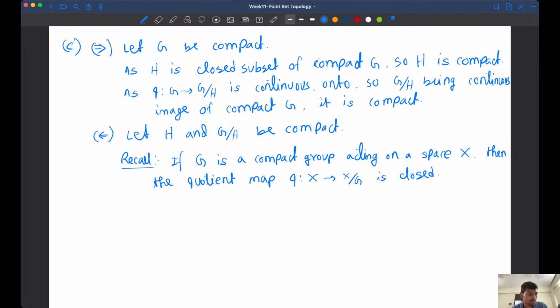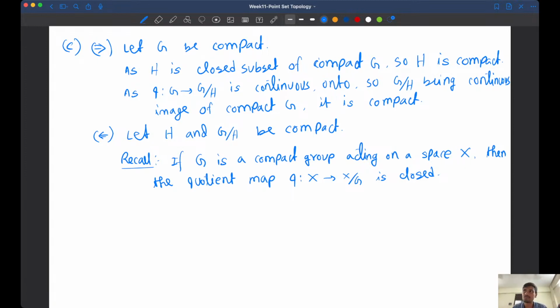Can you recall this thing? In the last tutorial we were trying to prove the normality thing. So if X is given to be normal, and G is compact, then X mod G is also normal.